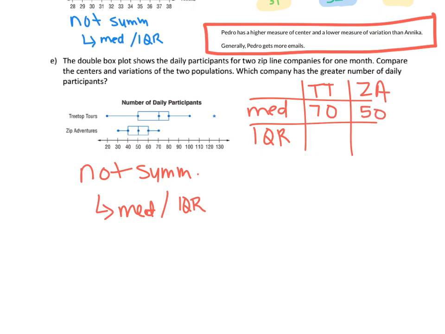The IQR, again, we take our third quartile minus our first. So 80 minus 50 for Treetop, which is 30. And for Zip, we've got 60 minus 40, which is 20. We still have to compare them, and it looks like Treetop has both higher measures of center and variation.